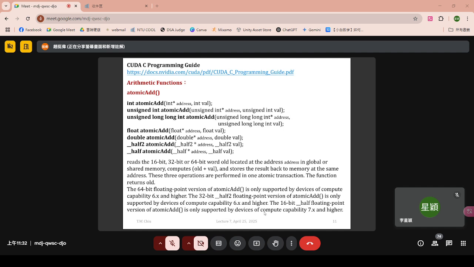So if you go to the 3090, it is 8.6, which is higher than 7.